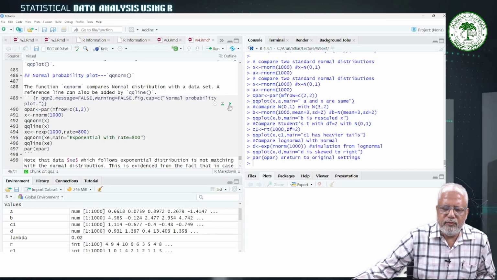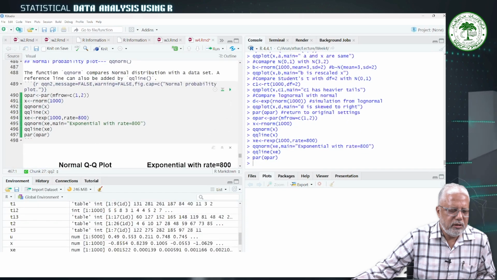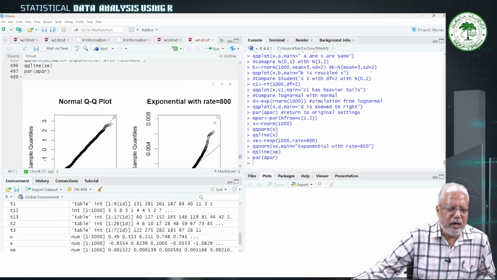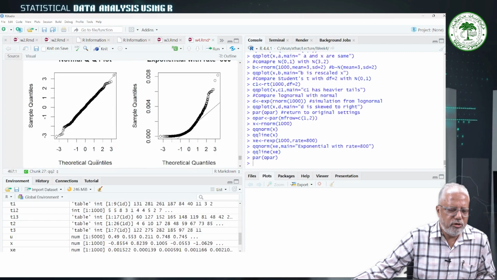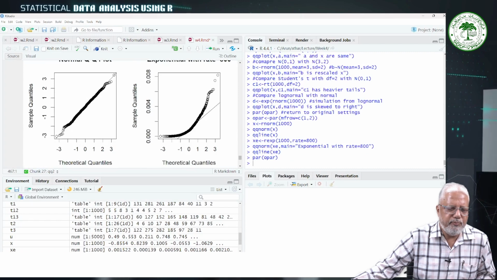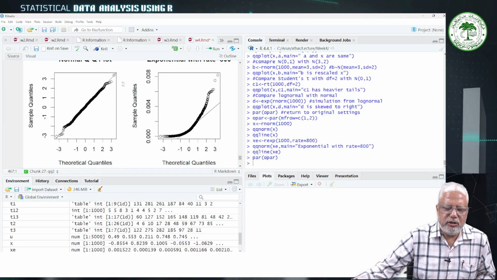So, when we generate these, see the normal QQ plot. Here the theoretical quantiles and sample quantiles are both the same, and that is why they are matching.